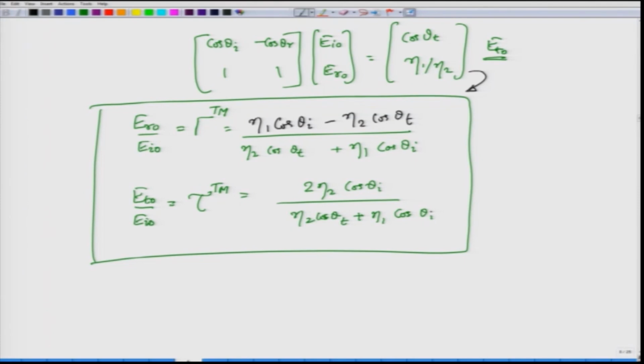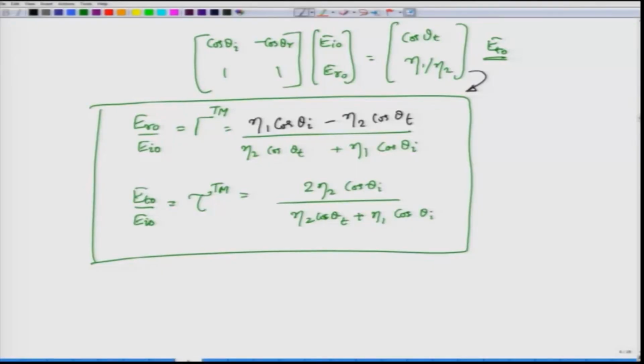One could of course write down a similar equation for the transverse electric case. One could follow the same steps, okay, except in this transverse electric case it will be the electric fields which would be along the y axis and the magnetic field will be lying in the x and z plane, with again z equal to 0 plane being considered as the plane of interface. Okay.